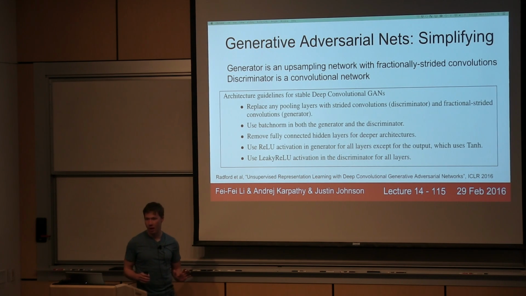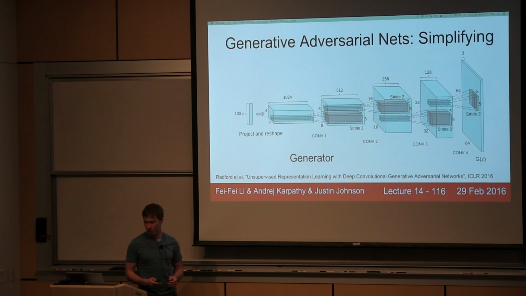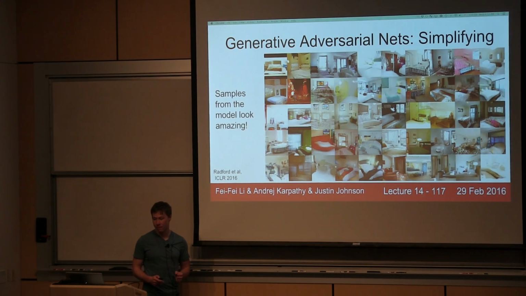Just use those, and it turns out that your adversarial nets then work really well. Here, their generator is a pretty simple, pretty small up-convolutional network. And the discriminator is, again, just a simple convolutional network with batch normalization and all these other bells and whistles. Once you hook up this thing, they get some amazing samples in this paper.